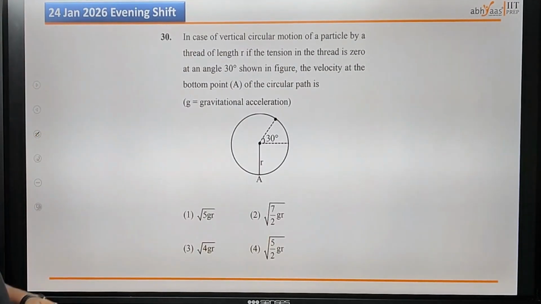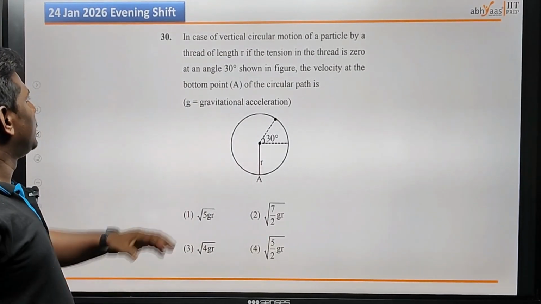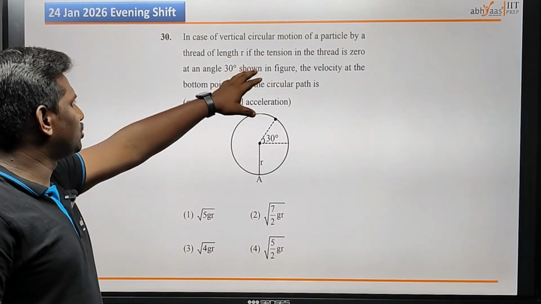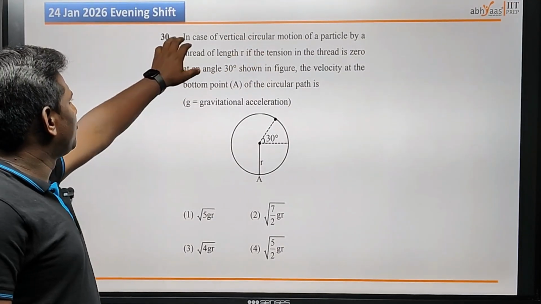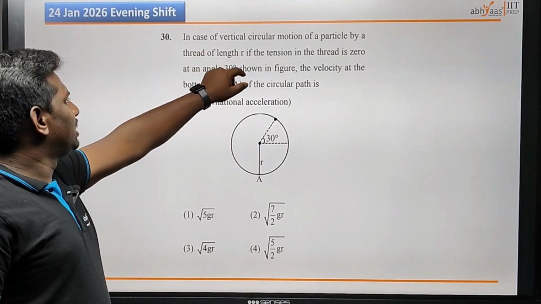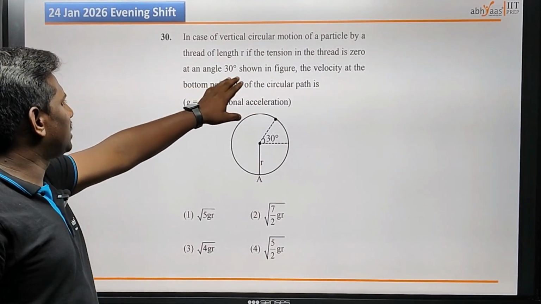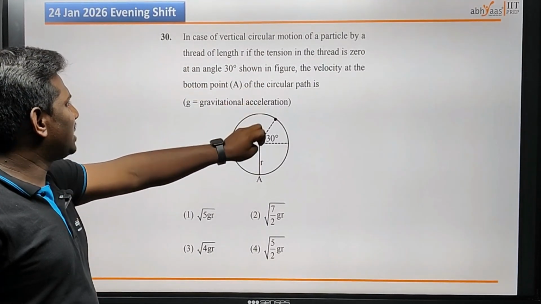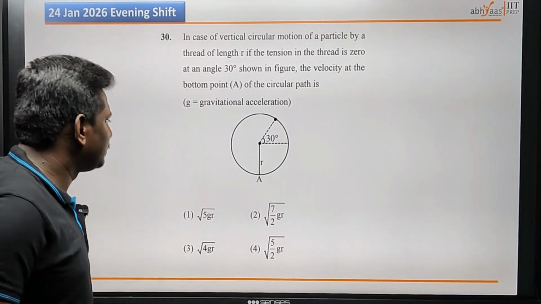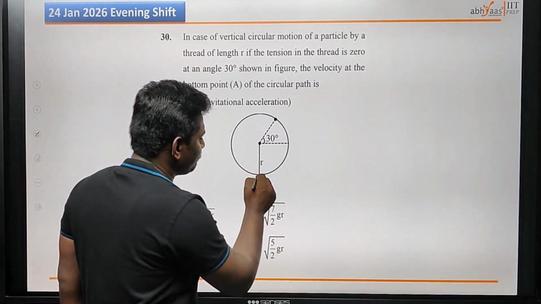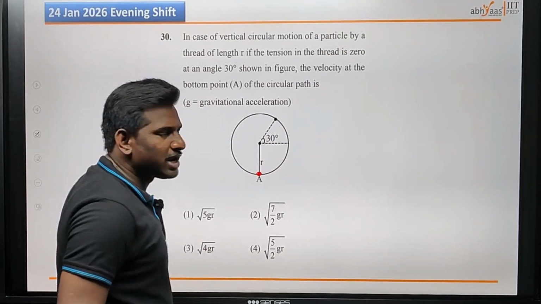So next one, see here. Question number 30. In case of vertical circular motion of a particle by a thread of length R, if the tension in the thread is 0 at an angle 30 degrees as shown in figure, find the velocity at the bottom point. This is making 30 degrees.